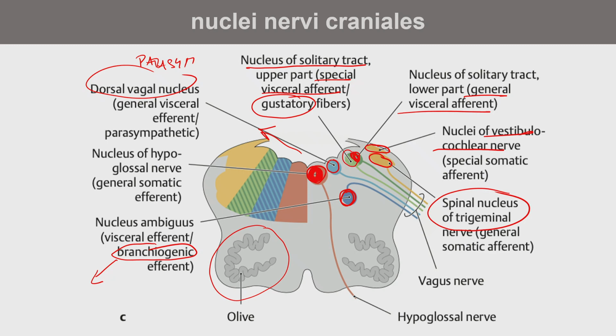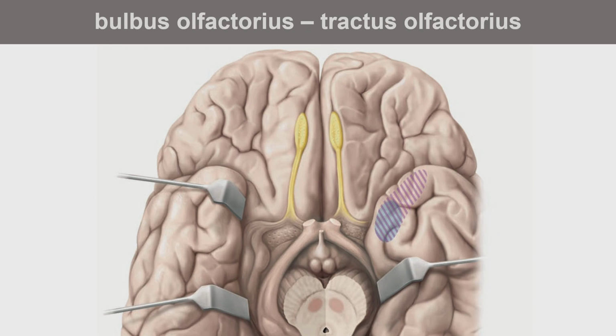So this is the tube which is not completely rolled in the floor of the rhomboid fossa. And now we turn to those nerves. The first nerve is the olfactory nerve. The olfactory nerve is in reality an extension of the telencephalon.